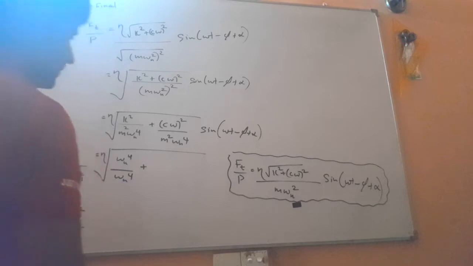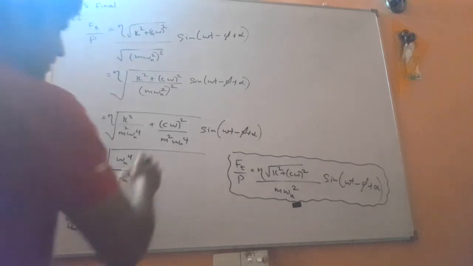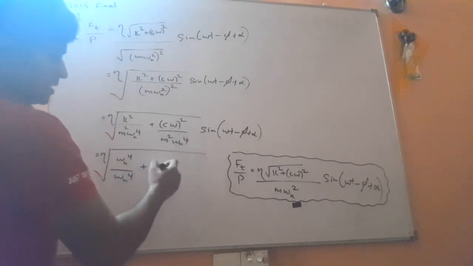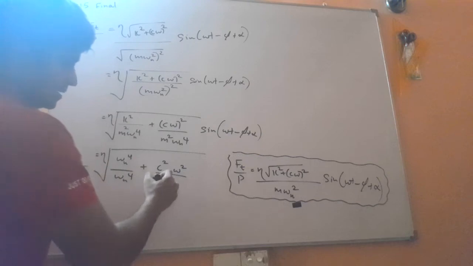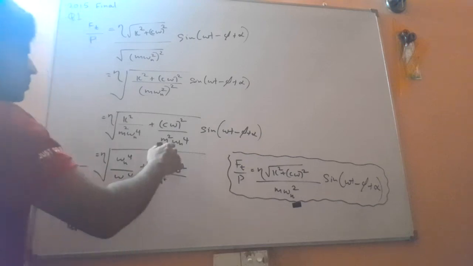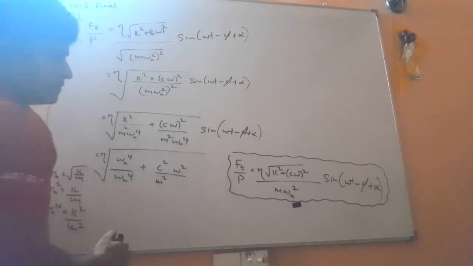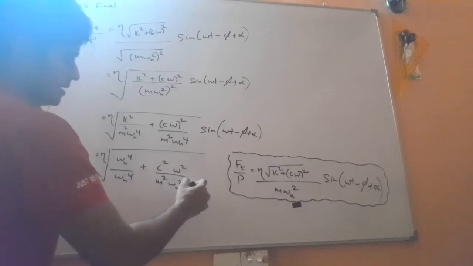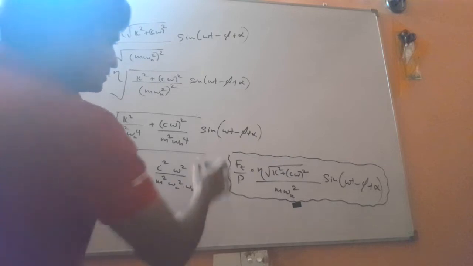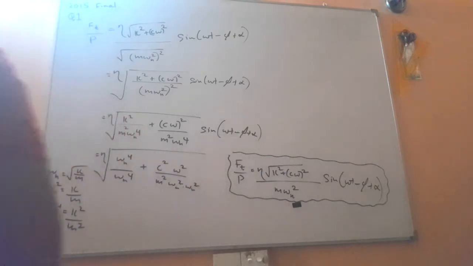So now carefully focus, right? C squared omega squared, in the denominator m squared. Now this omega n to the power 4 we will write like omega n squared times omega n squared, okay? This side term will be there, no change.